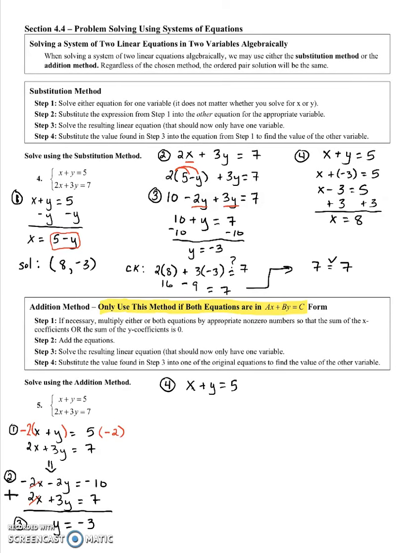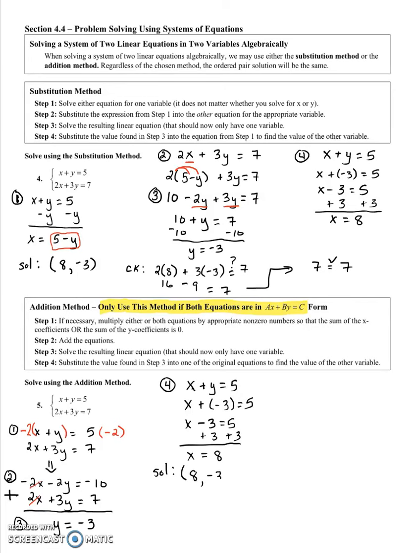We put that negative 3 in for y, so x plus a negative 3 equals 5, or really, x minus 3 equals 5. Add 3 to both sides, and we get x equals 8. So our solution is the point (8, negative 3).